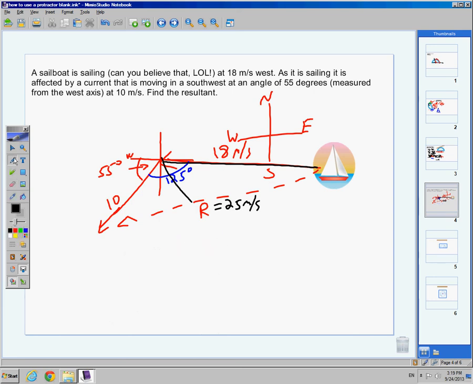And we're now going to do sine B over B equals sine C over C. Sine B is what we're looking for. It happens to be this angle right here.